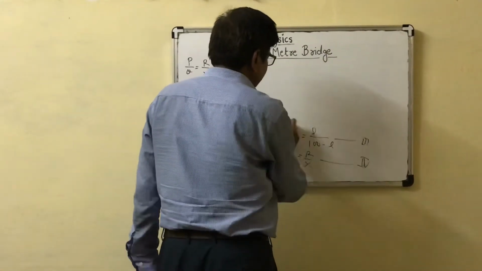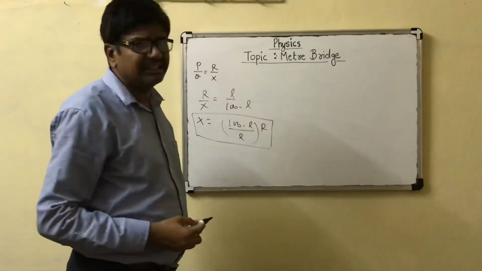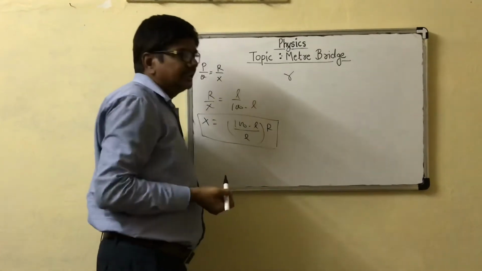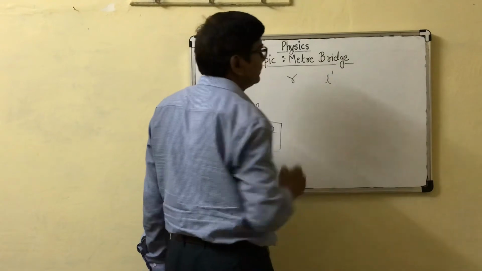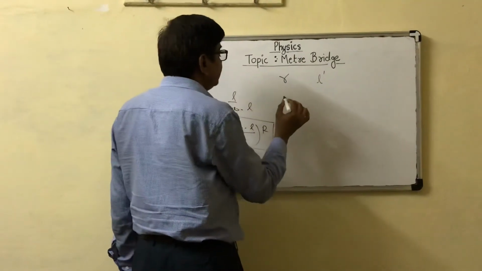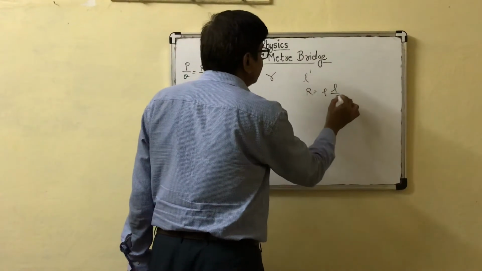Now, suppose we have to calculate resistivity of wire. Determine the resistivity of wire. If r be the radius of wire and L dash the length of wire, then resistivity, what is the formula of resistivity? R is equal to rho L upon A. This is the general form.